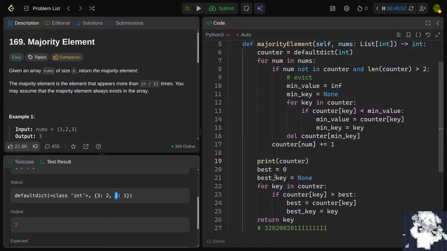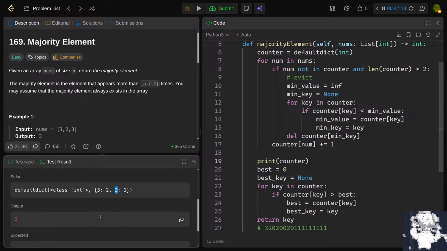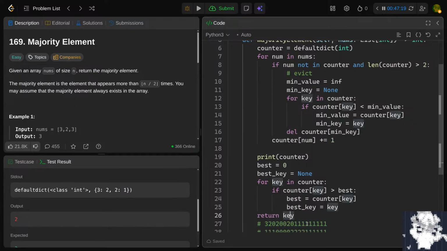Best key, if counter is greater than best, then this key should be my best key. How am I ending up returning 2? Oh, because I need to return best key.